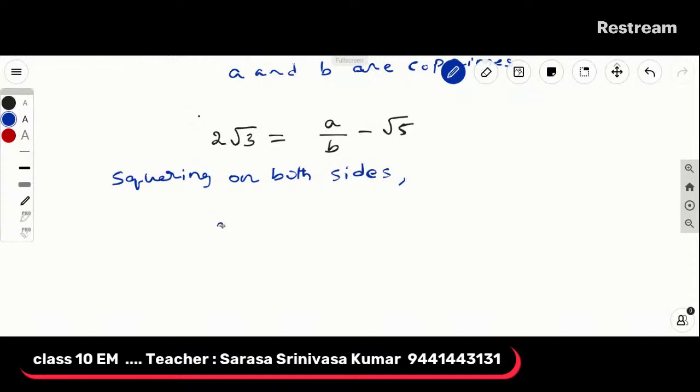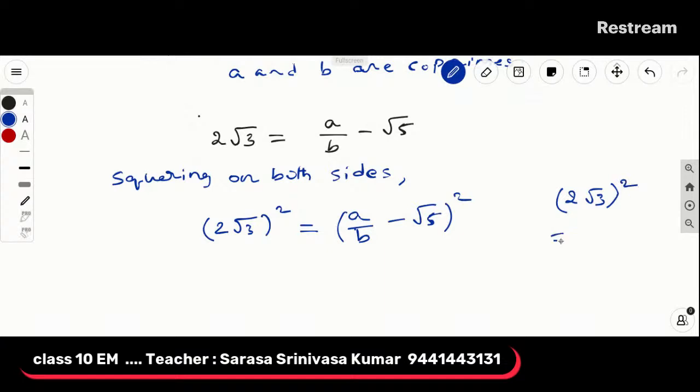Here we get (2 square root of 3) whole square equal to (a by b minus square root of 5) whole square. On the left hand side we can write (2 square root of 3) whole square equal to 2 square multiplied by (square root of 3) whole square.